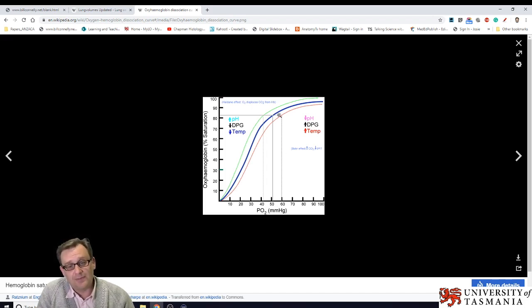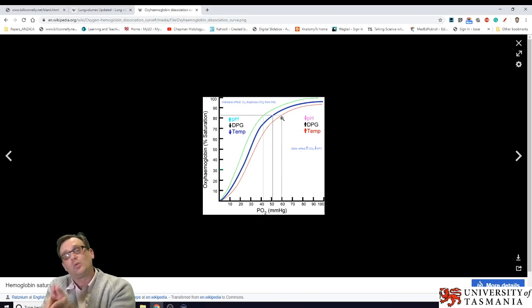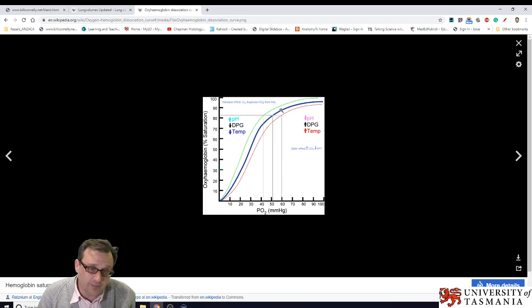So this is a mechanism for the hemoglobin to sort of realize, and obviously it's not conscious, but this response to these changes in pH and temperature is an indication that the muscles and the tissue are doing more work and could do with some more oxygen. And so it will release that oxygen more readily. And then the converse is true.